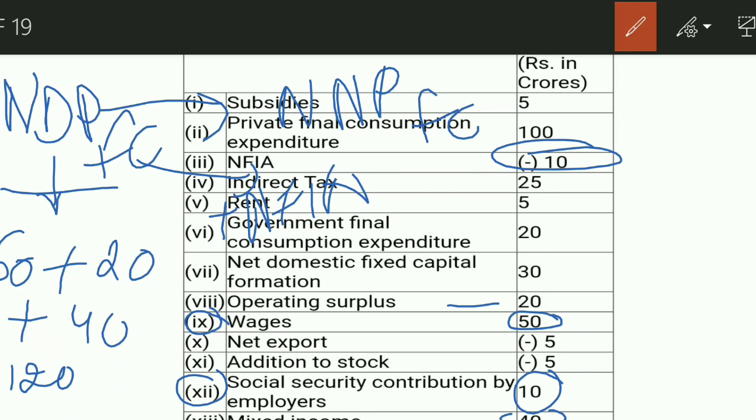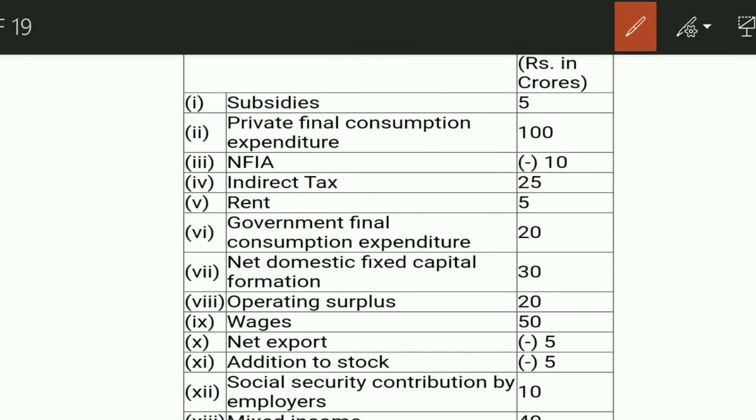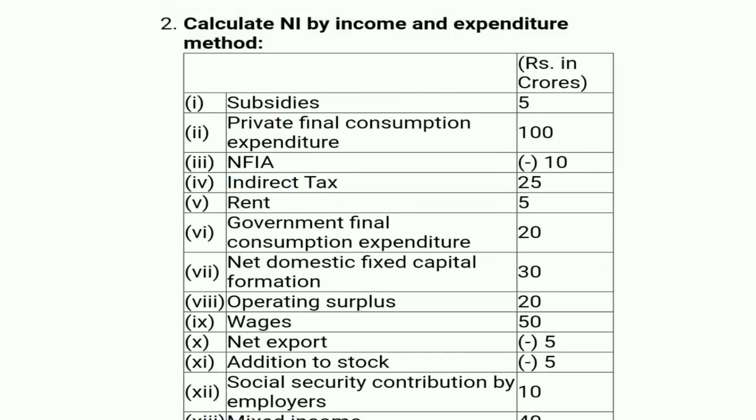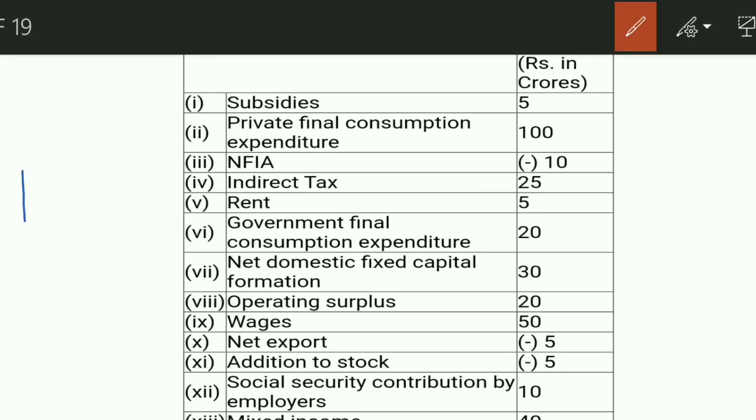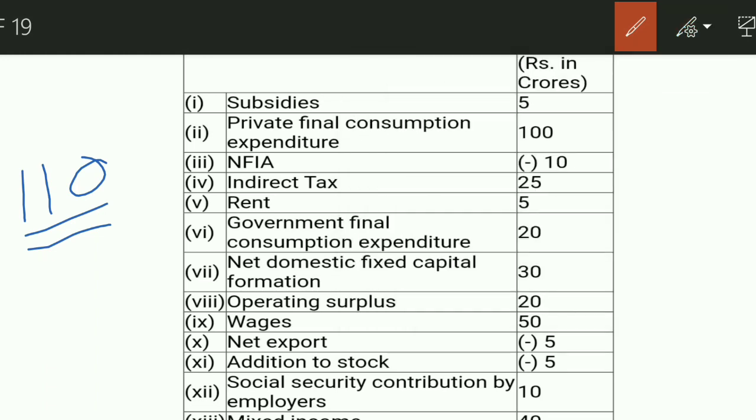So when we add minus 10 to 120, we get our national income as 110. 110 crores. Don't forget to mention units that are given in the question. Now remember that by income method our answer was 110. Now let's solve it by the expenditure method.